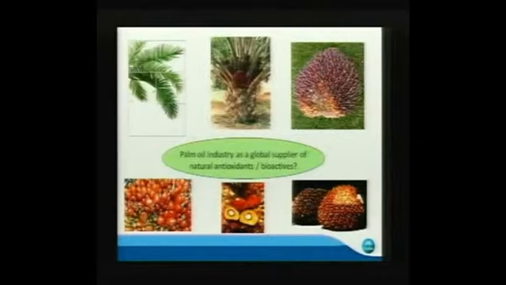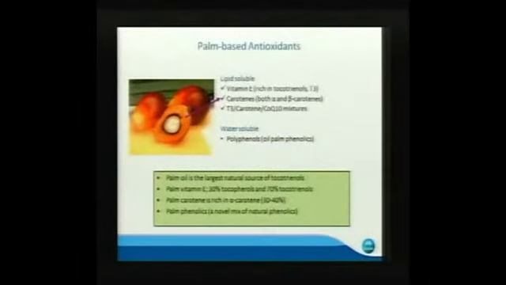As you have heard over the last 2 days, the palm oil industry is a global supplier of natural antioxidants and bioactives. The established ones in the current marketplace from palm-derived bioactives include vitamin E, carotenes, both alpha and beta, and tocotrienols, well covered yesterday and this morning. And in addition, as Ravi mentioned, recently MPOB researchers identified this water-soluble polyphenol compound, and then the question is how to establish its functional properties and different scientific substantiation.